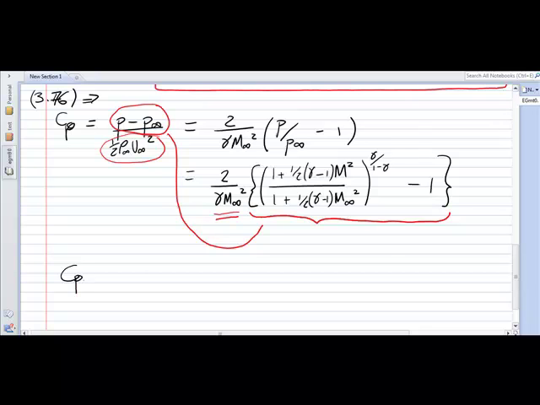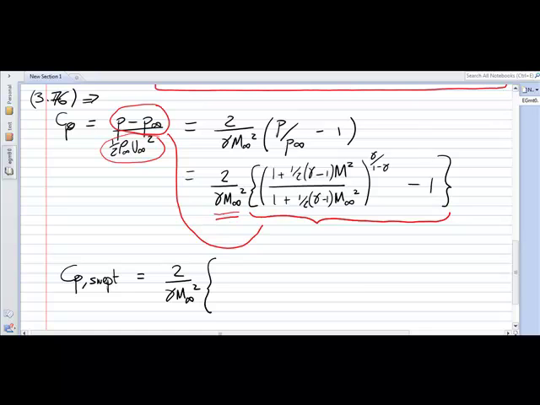So Cp for a swept wing, and again it's just a case of adapting that M term to be the normal Mach number or normal free stream Mach number. So this becomes 2 over gamma M infinity squared, and the only subtlety here is in recognizing where the different bits of this equation come from, and that first term is basically the normalization with free stream dynamic pressure. Free stream dynamic pressure doesn't change as a result of sweeping the wing.